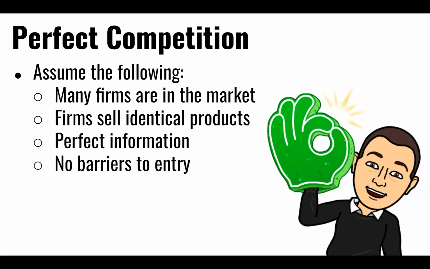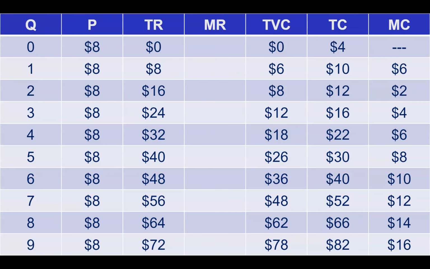There are also no barriers to entry, meaning that firms can either enter the market or leave the market without cost. So we can look at some data for a perfectly competitive industry. And we can see in a perfectly competitive industry that there is a relationship between price and marginal revenue.